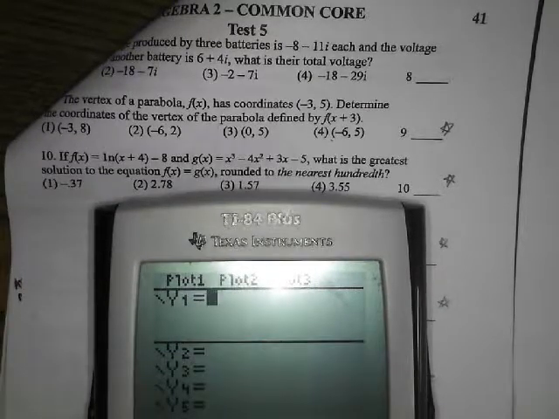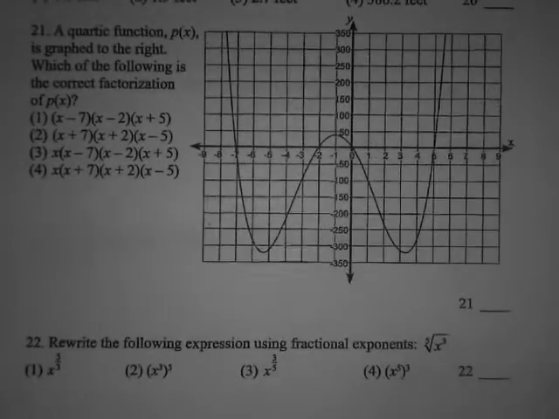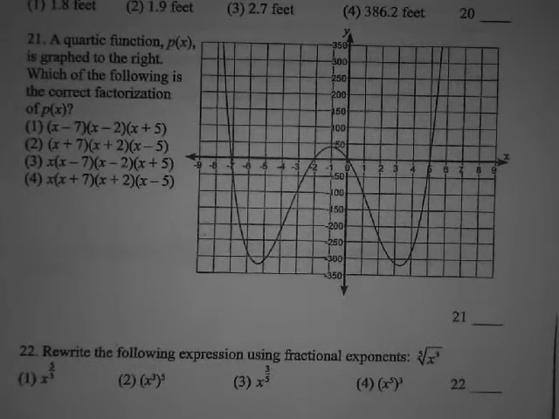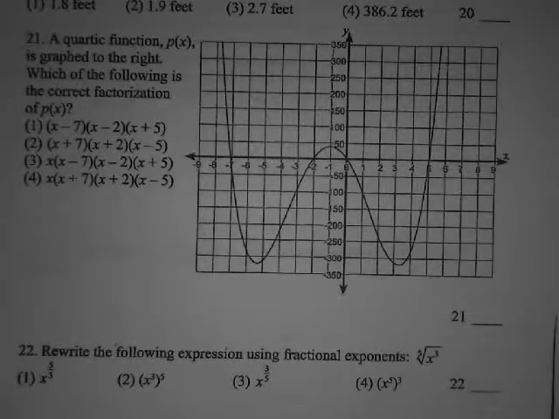I think we have time for 1 or 2 questions, 21 through 24. We'll start with 21. And this is obviously on test 5. So, read that quickly. Quartic function means what's the degree? 4.